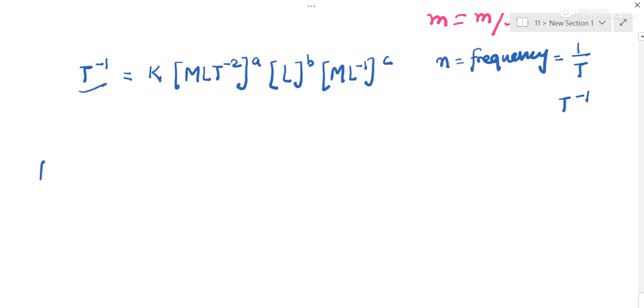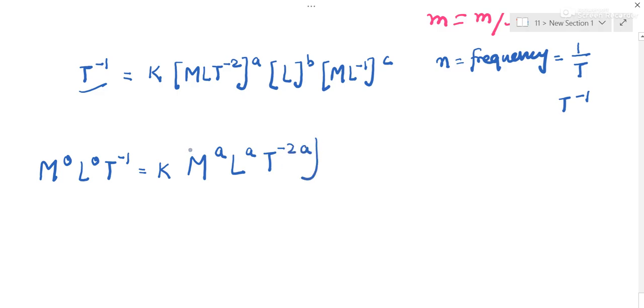This can be written as M0 L0 T to the power minus 1 is equal to k, open bracket, M to power a, L to power a, T to power minus 2a, then open next bracket, L to power b, this one, and then next bracket will give you M to power c and L to power minus c.